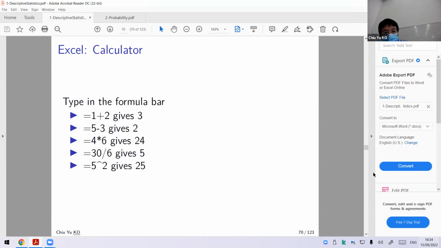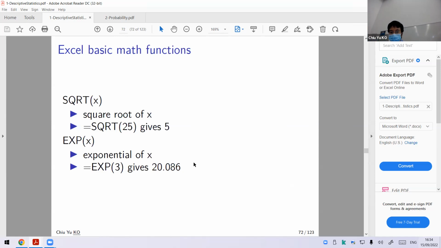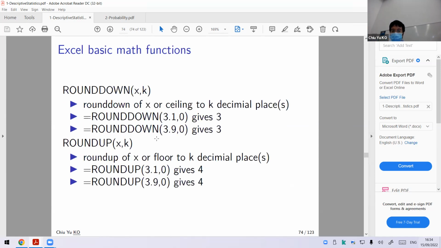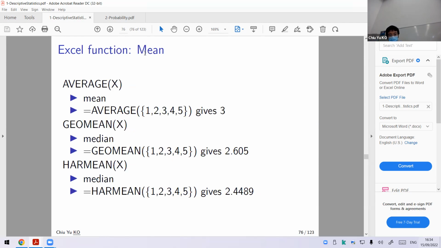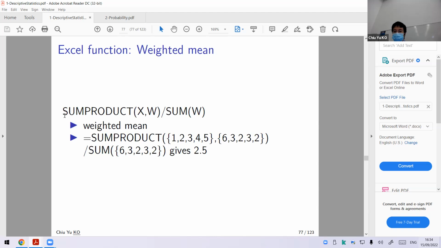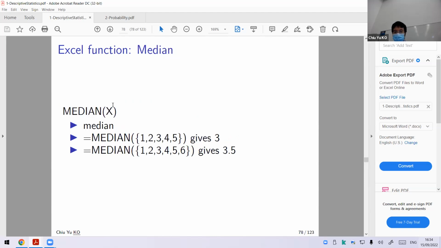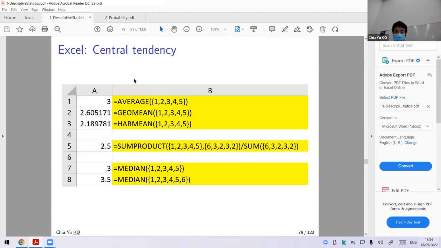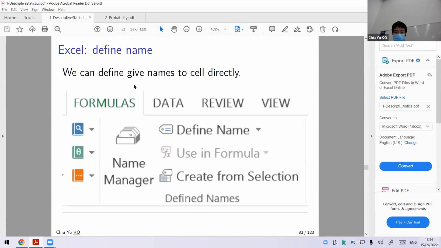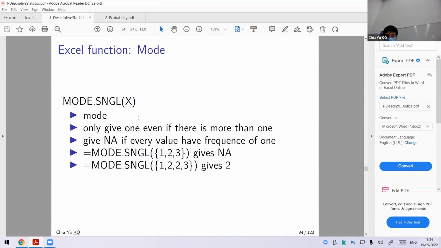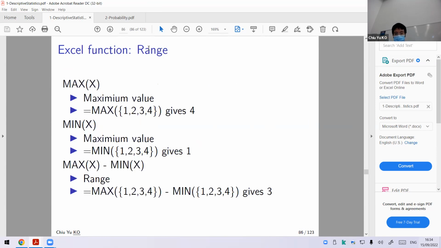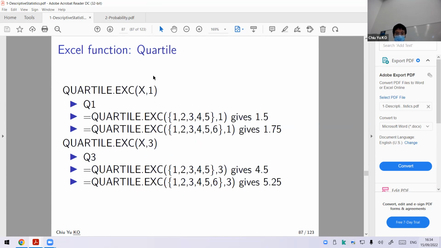So quickly, in Excel, we can use a calculator, and we learned the standard operations: square, exponential, count, sum, round up and round down. Then we learned the mean, known as average. Weighted mean we require product sum over sum, and for median there's a function called median. For mode we have a function called mode.single, and for the range we rely on max minus min.